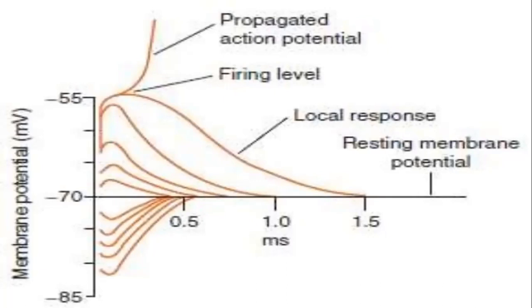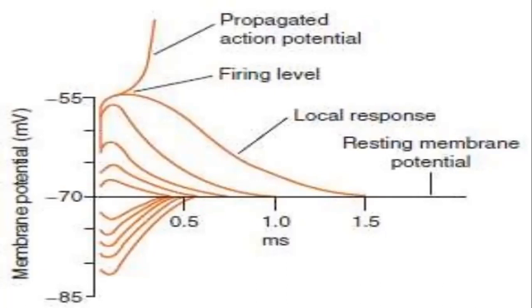The action potential fails to occur if the stimulus is subthreshold in its magnitude, and it occurs with constant amplitude and form regardless of the strength of the stimulus if the stimulus is at or above the threshold intensity. So the character of the action potential is all or none.